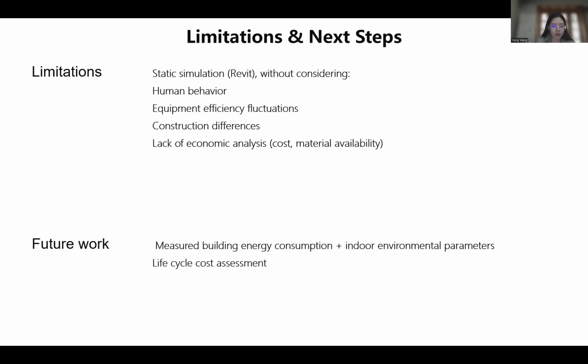Second, we have not conducted an economic feasibility analysis, such as initial investment costs, material availability, or maintenance complexity. In the future, we hope to monitor a real building to validate actual energy performance and conduct a life cycle cost assessment.